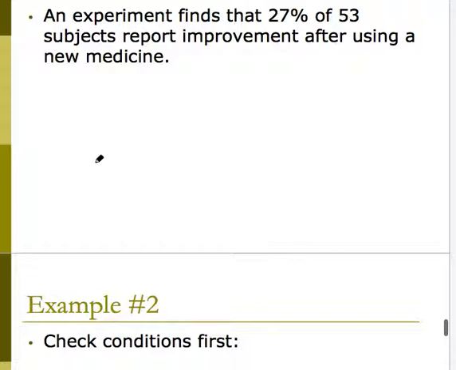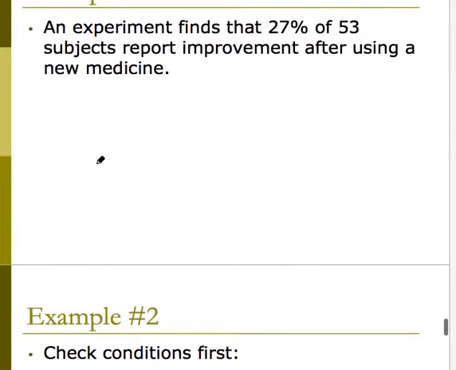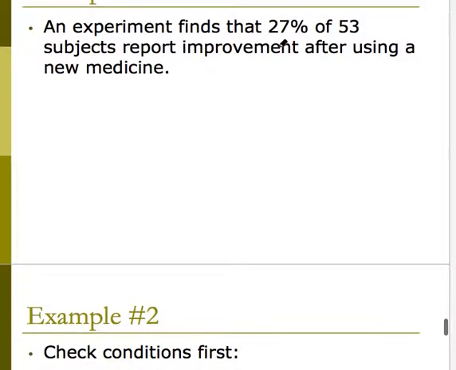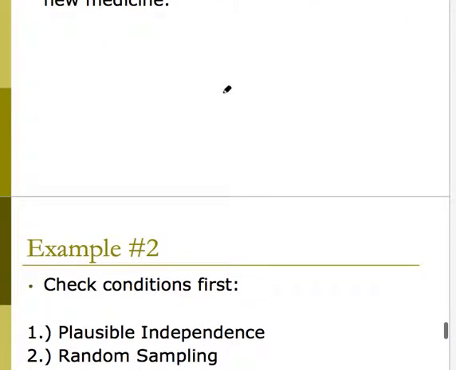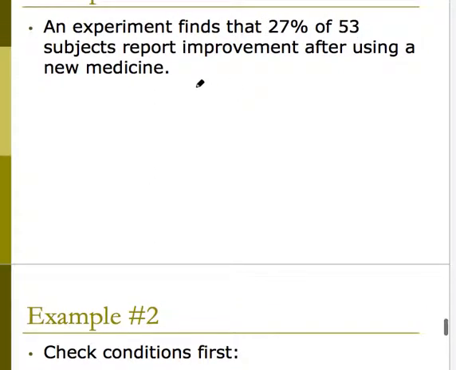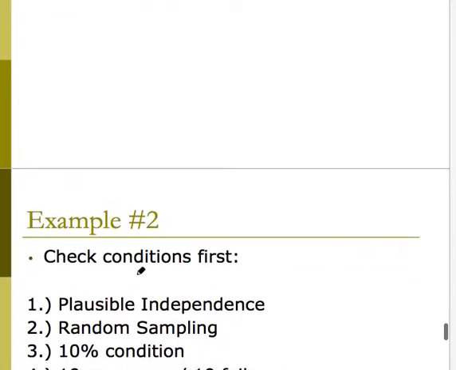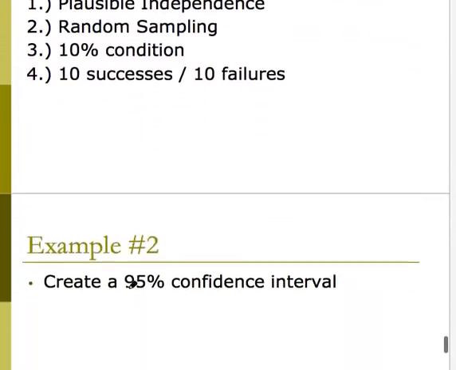I don't know how many total people there are. 53 is obviously going to be less than 10% of all of the people that probably are using the new medicine. Okay, 10 successes and 10 failures. Well, I have almost 30%, which is 10, and then my failure is going to be 10 as well. Okay, so I feel like they haven't given us enough information in this, and I think that when you see your homework problems, you will be given a lot more information. But just so you understand what it means as going through these, okay?